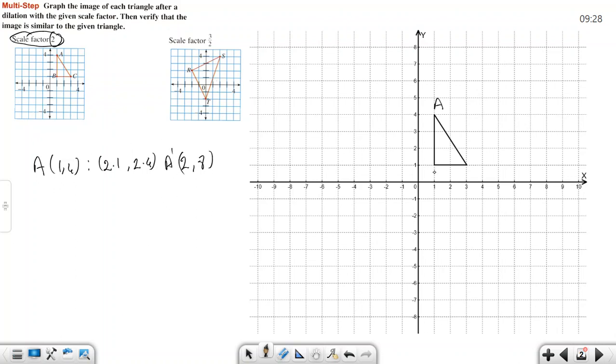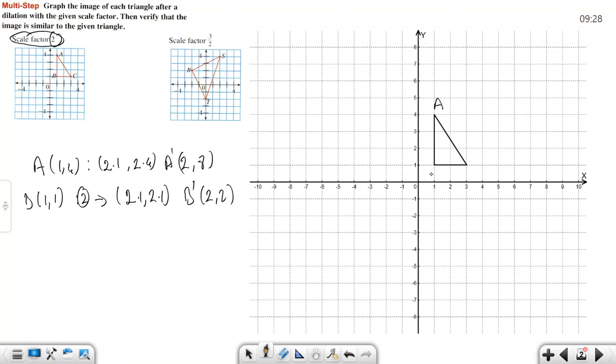The coordinates of B are 1 and 1, and the scale factor is 2. 2 times 1, 2 times 1. So the new B will be 2 and 2.